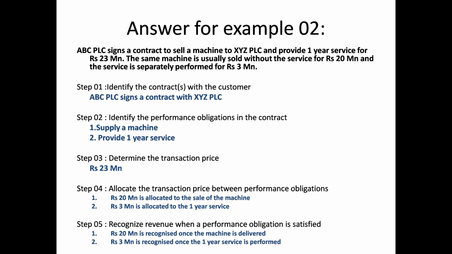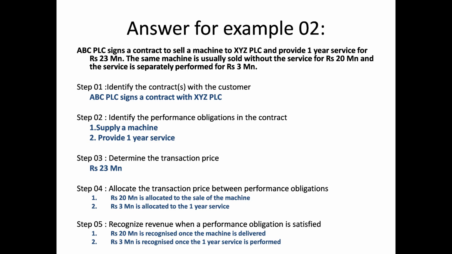Again, read the transaction. ABC PLC signs a contract to sell a machine to XYZ PLC and to provide 1 year service. The total value is 23 million. The supply value is 20 million and the 1 year service value is 3 million.